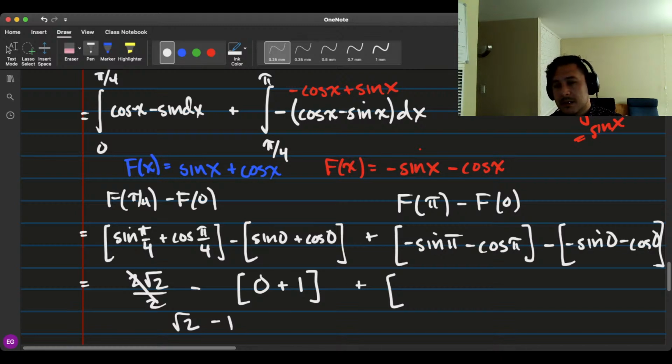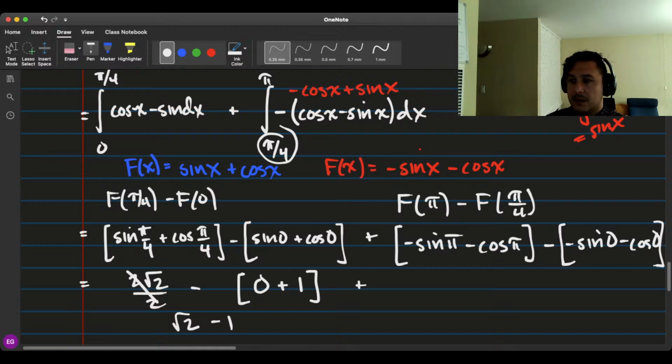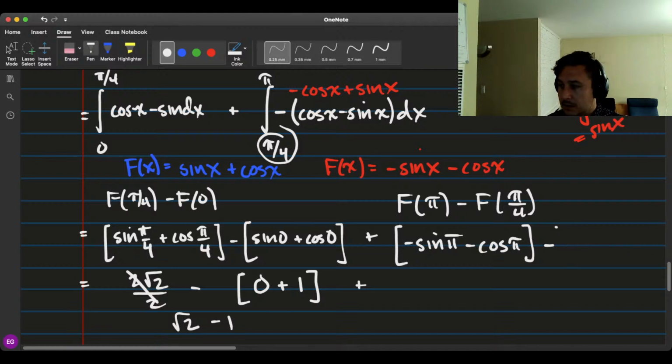Is this... Oh, yeah, my bad. Okay, I see why people are confused. It's supposed to be f of pi minus f of pi over 4. Sorry. So that means I gotta go and change this stuff. Sorry. Sometimes I get like in a trance of doing these.